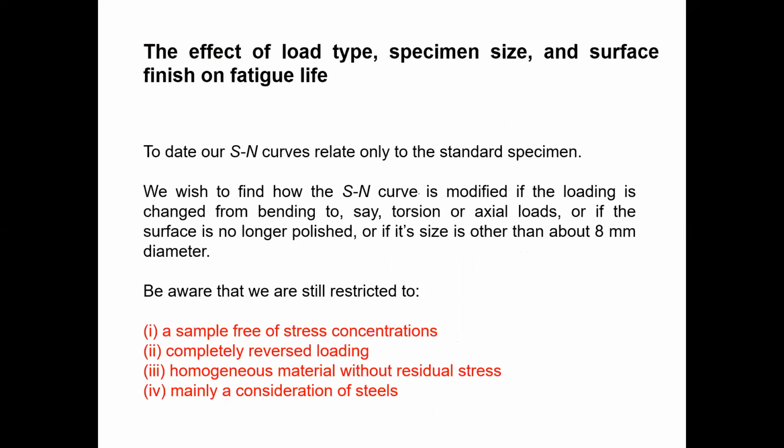There are basically three load types: axial load, bending load, and torsion load. With the loading type, the fatigue lifetime will change, and also with specimen size and surface finish. Those are the three parameters the fatigue life depends on.